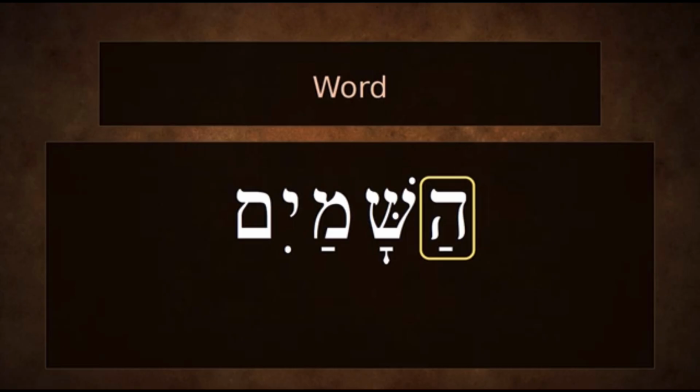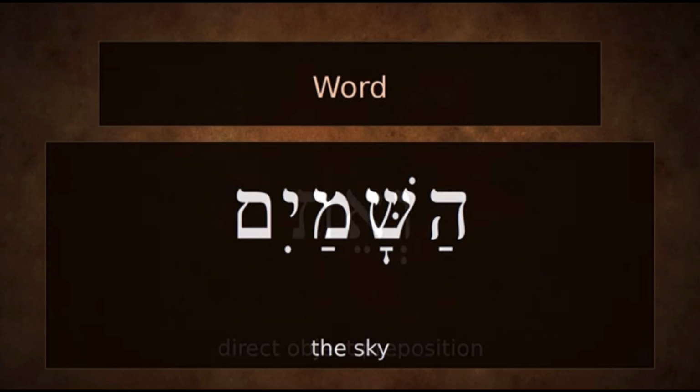This is a word that we learned a few lessons back. Shamayim means sky, or heaven. So altogether, we can translate this word, the sky. Also, since this word comes after et, this is the object of our sentence. So the sky is the thing in the sentence that is being created.